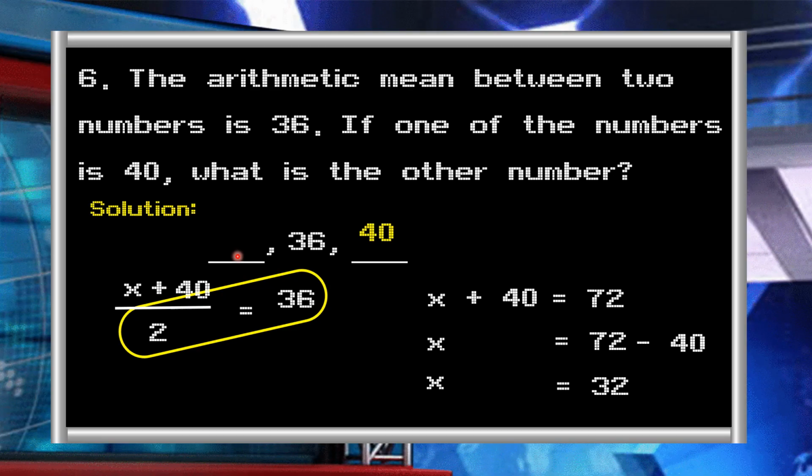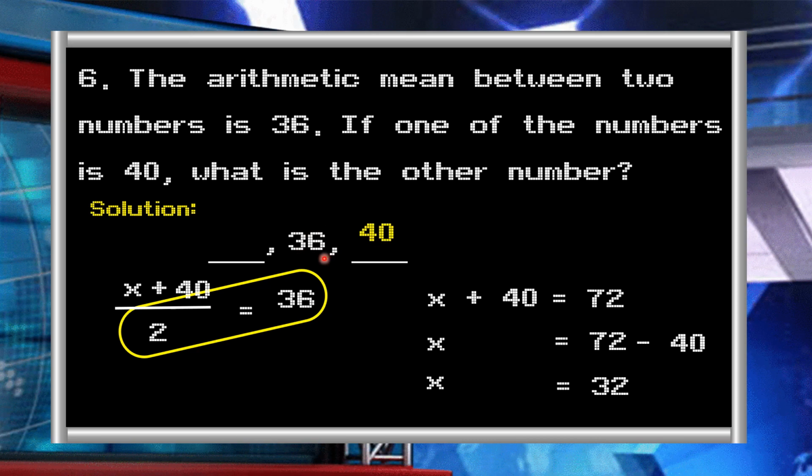And then, yung isa namang solution, medyo mas madali. So, remember, 36 yung ating arithmetic mean, diba? And then, 40 yung susunod. So, ilan ba yung difference nila? 36 and 40, diba? 4. So, nag-add ng 4 sa 36 para maging 40.